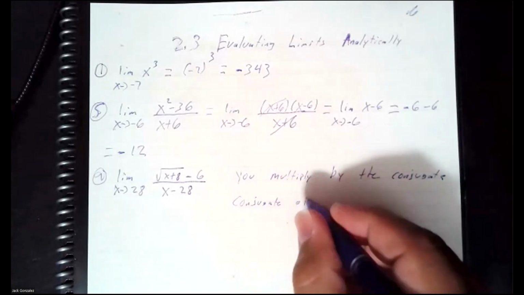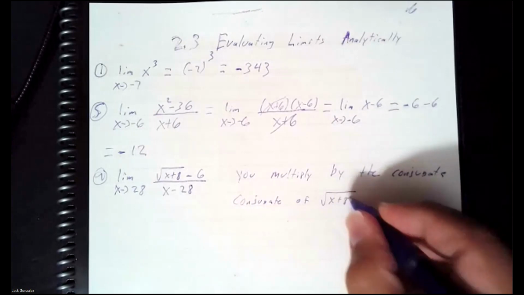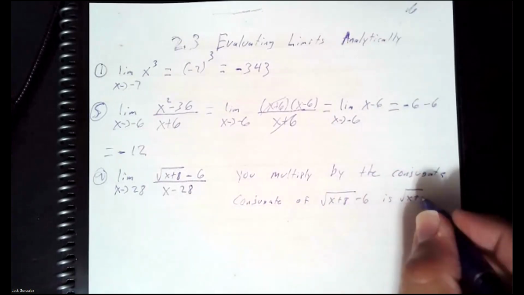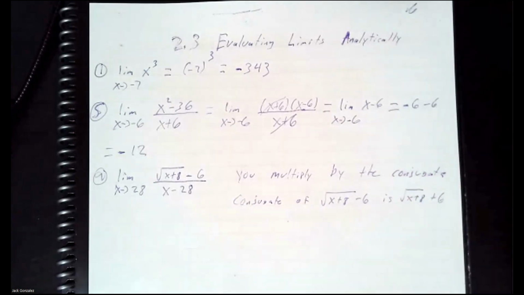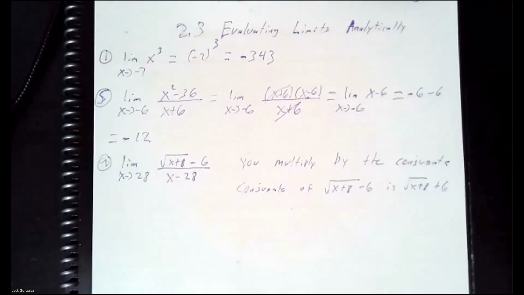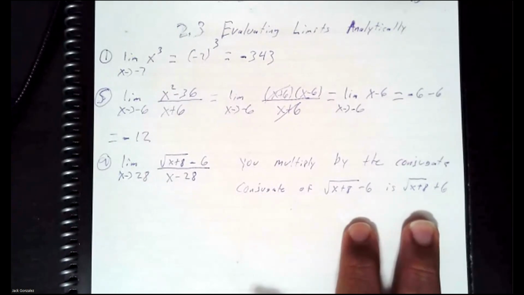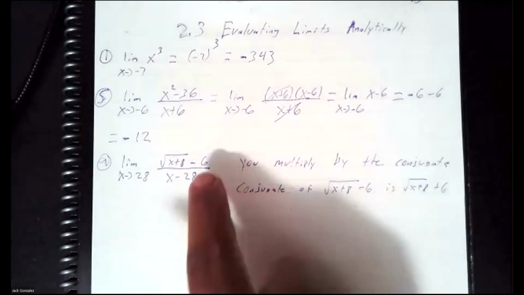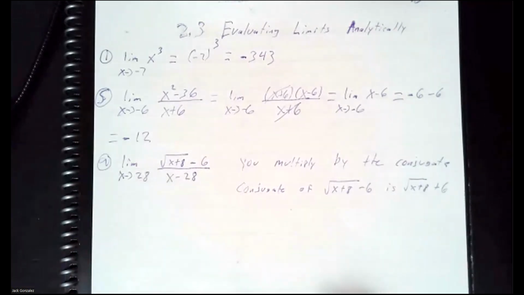The conjugate of square root of x plus 8 minus 6 is square root of x plus 8 plus 6. So it's the same deal, just put a plus. Do you remember what conjugate means? Yes. Then multiply this on top and bottom, and you force a difference of squares, which should cancel this term eventually.